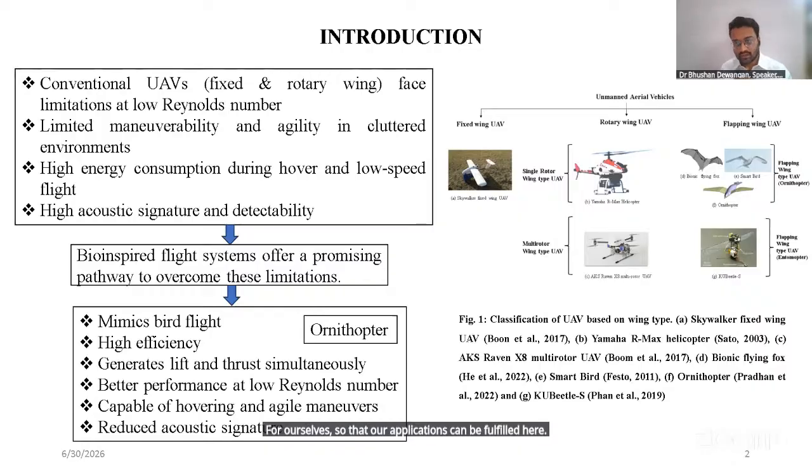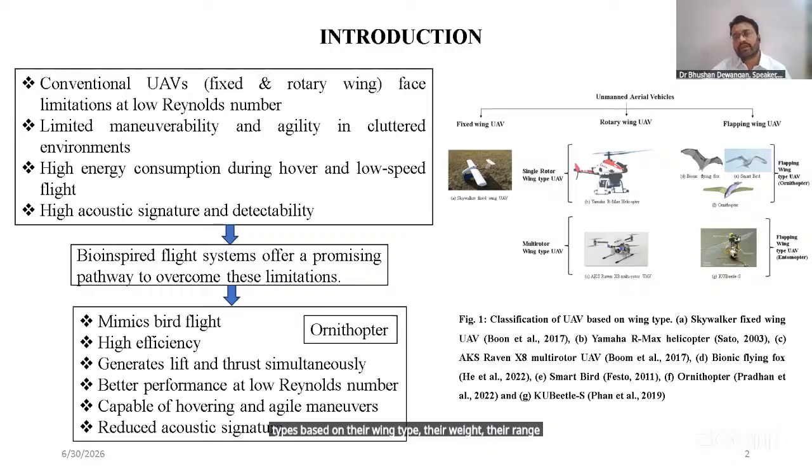So I'll just go to why unmanned air vehicles are generally used, and they are being inspired from nature. In this, the unmanned vehicles are classified into different types based on their wing type, their weight, and their range.